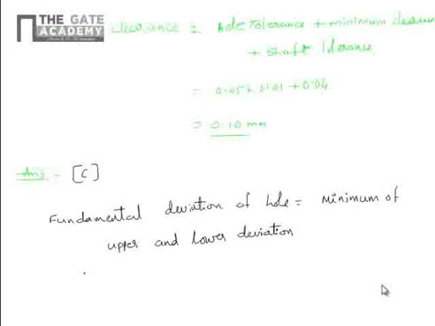Here, upper deviation of hole equals upper limit minus basic size, equal to 0.05 minus 0.00.